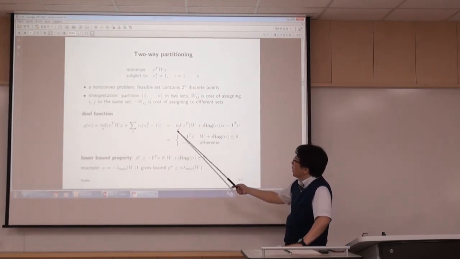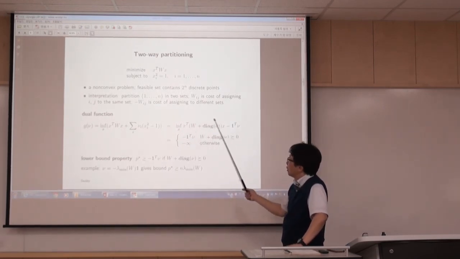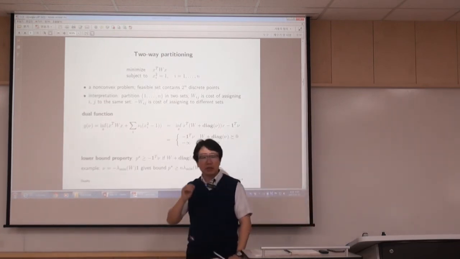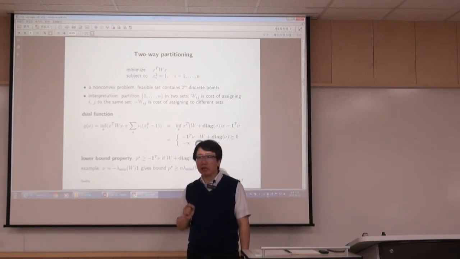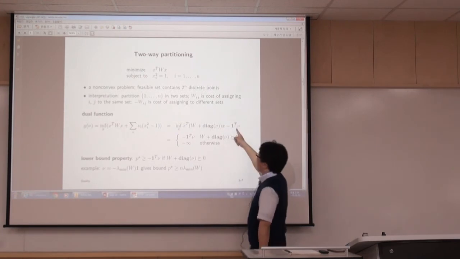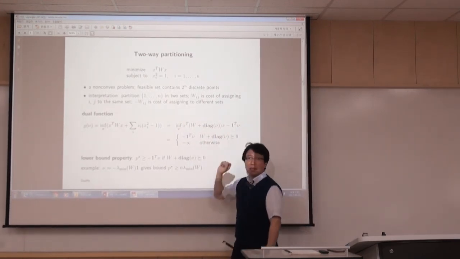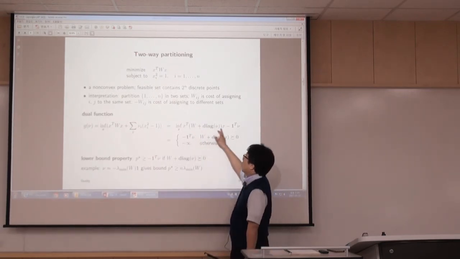So as far as this quadratic matrix, this square matrix, has all positive eigenvalues, you can say that the infimum is this one, because the infimum of this one is 0. But if at least one of the eigenvalues is negative, what will happen?